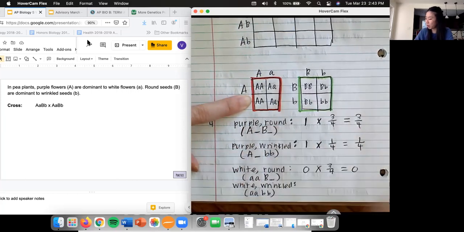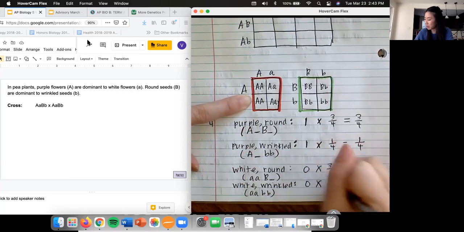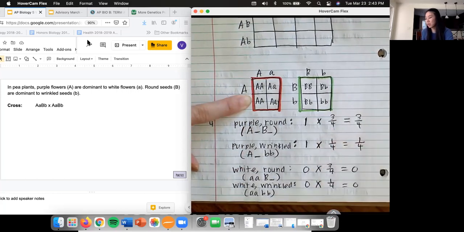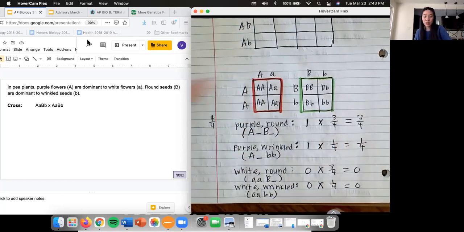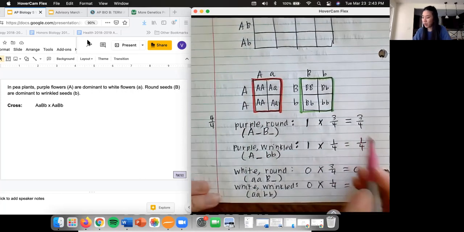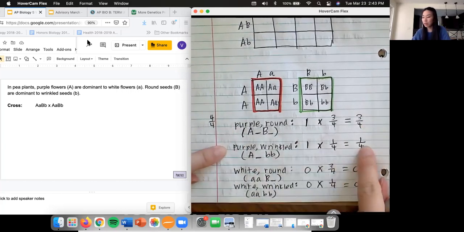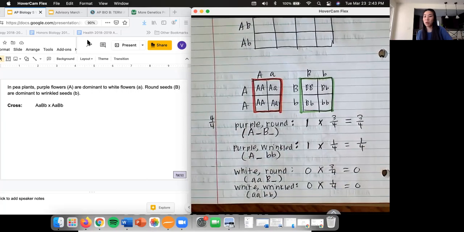Once again, none of them are white, so 0 times 1/4. It doesn't matter because it's multiplying by 0. So I have 0. Your answer, if you did it this way with 2 Punnett squares, would be 3/4 of them purple and round, 1/4 of them purple and wrinkled. None of them will be white and round. None of them will be white and wrinkled.